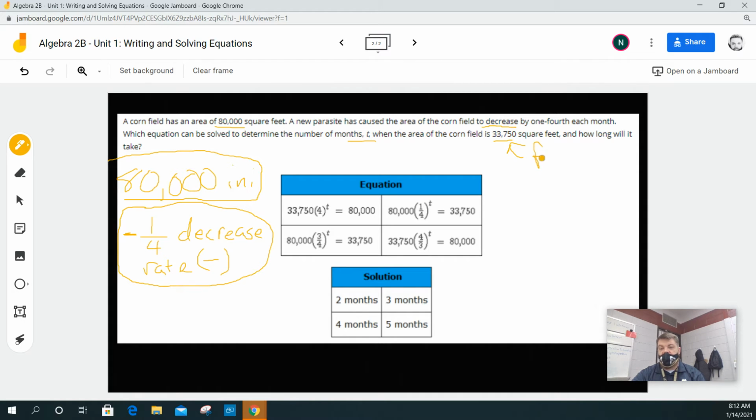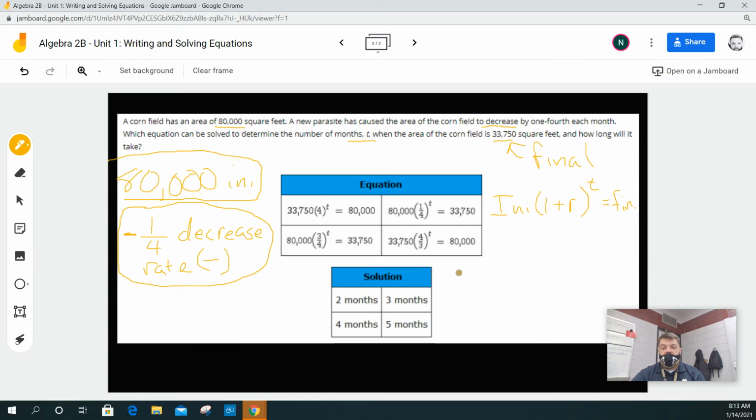So this is the final. Now I'm going to use regular words. So this is always going to be the initial condition or the initial value times 1 plus or minus the rate, and we'll talk about that in a second, times the time, or raised to the time, okay? And then that has to equal the final.